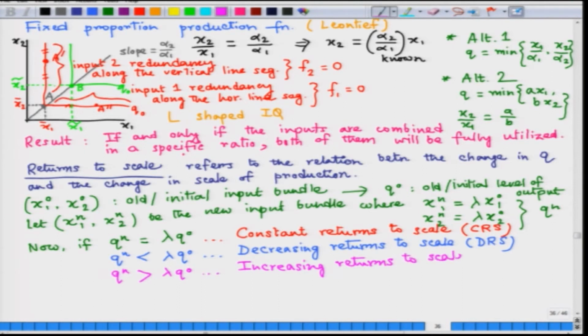So, here output increases more than proportionately than the proportionate change in input. So, this is the concept of returns to scale in a very simple manner.